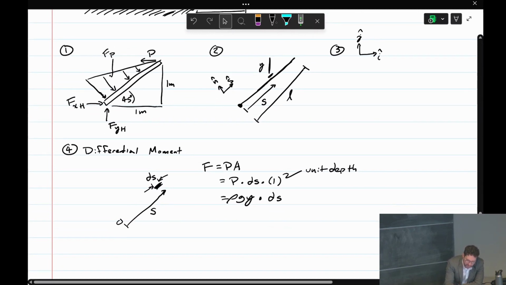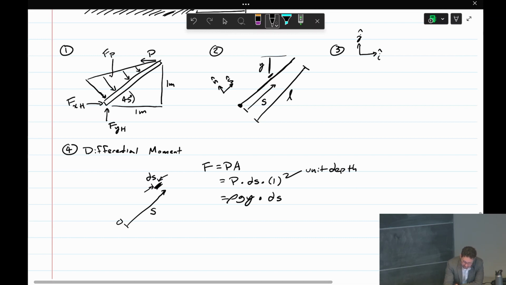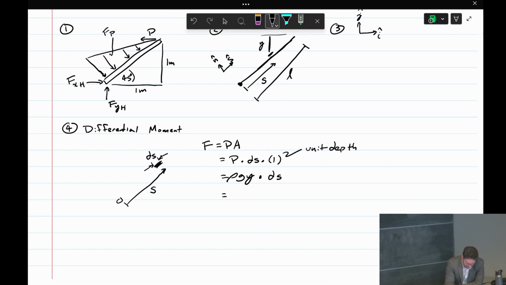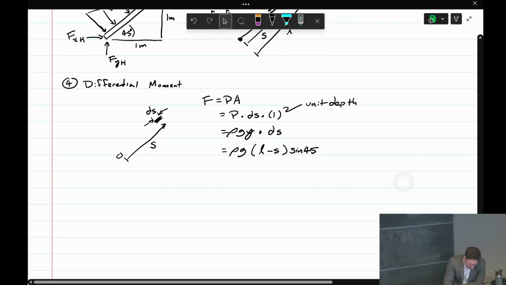So the pressure is just rho g y, where again y is the depth from the free surface. We're able to actually calculate what y is from the geometry of this problem. So rho g, y is going to be L minus s times sine 45. I'll explain why that is here.